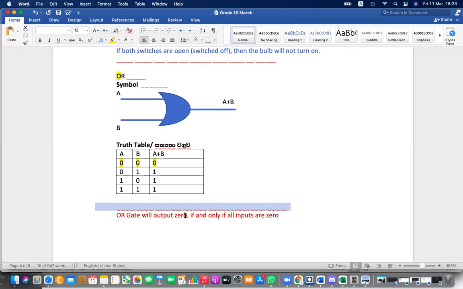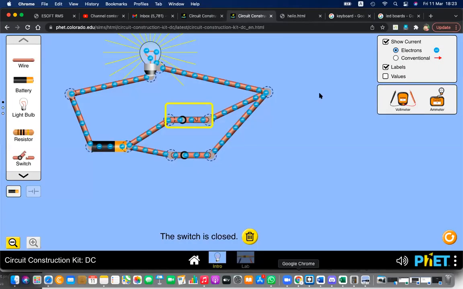The OR gate will output 0 if and only if all inputs are 0. You are getting 0 if and only if all are 0, not just 2. Let's say you have more than that.